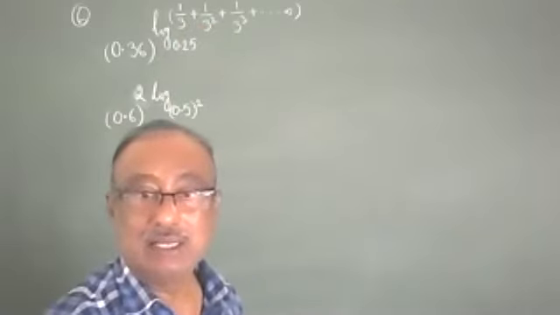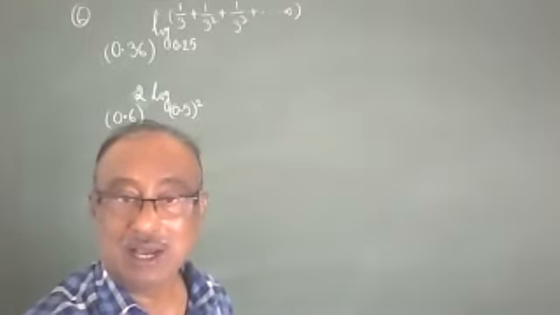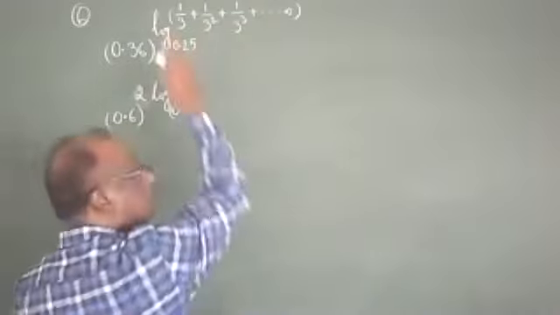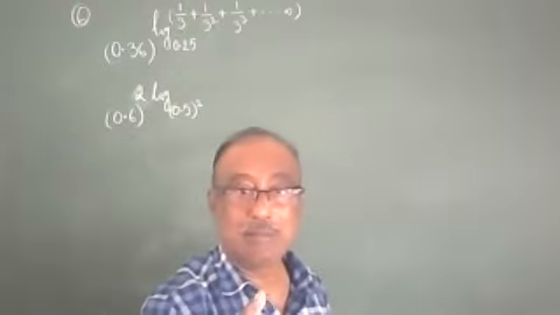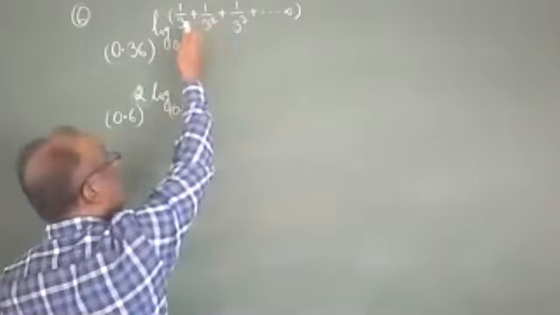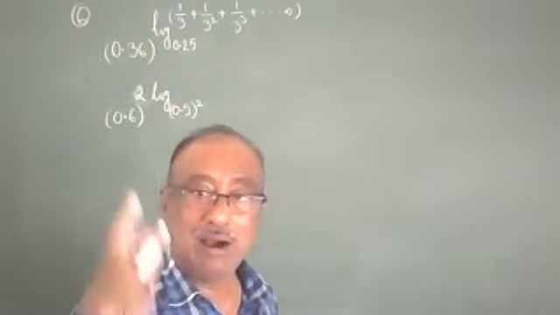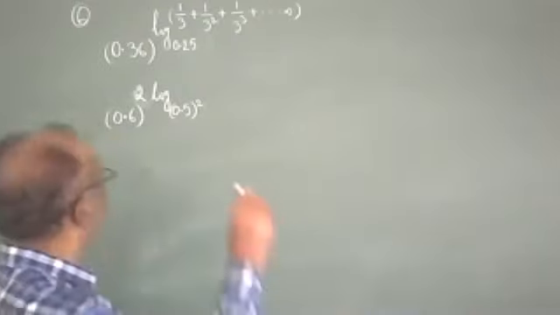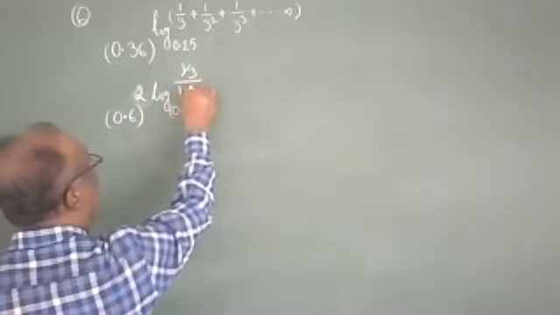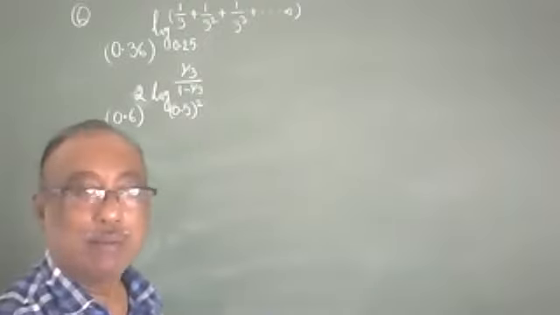This is the GP series, okay? So GP infinite terms, a by 1 minus r. a value 1 by 3, r value also 1 by 3. r is next number by before number, 1 by 3. Here a by 1 minus r gives 1 by 3... wait, that is 1 by 2.